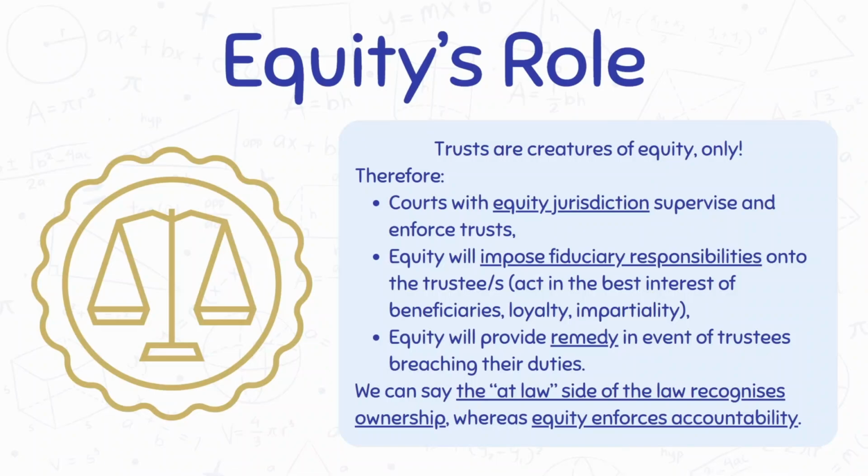From all of this, hopefully, you'll be getting the idea that the at-law side of the law is the side that will recognize the ownership rights very easily. So that's where title rights will be recognized and then also evidenced. But in equity, well, equity will be the one to recognize more the intentions of the party and will enforce accountability and adherence to the legal arrangement, basically to ensure that everyone is getting exactly what they're entitled to from this arrangement.